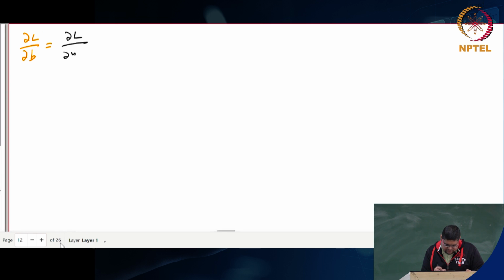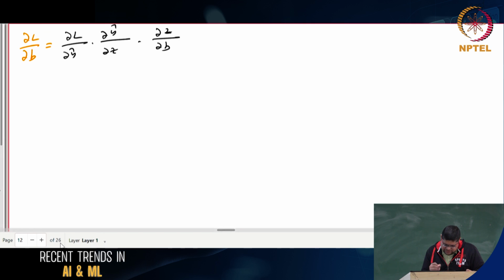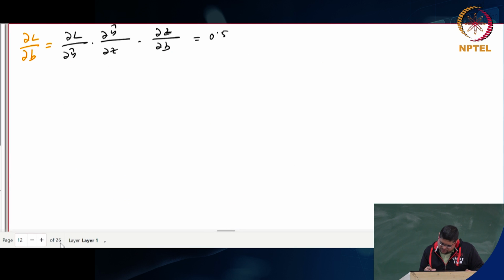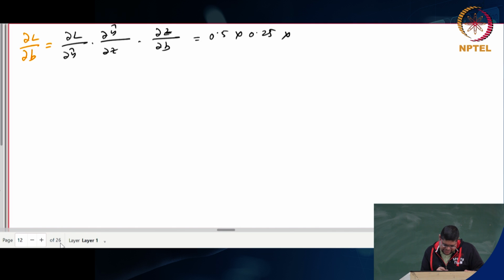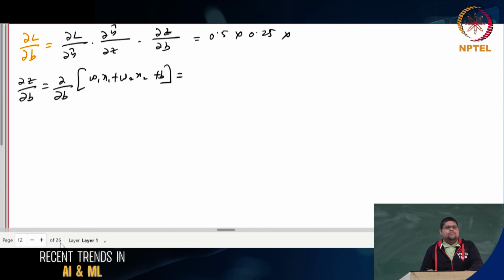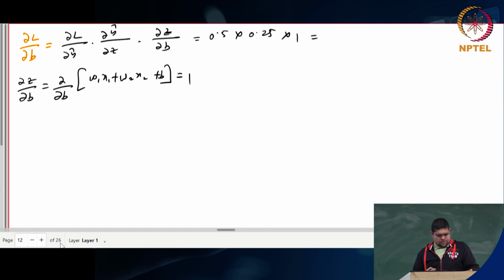So del L by del Y hat by del Z into del Z by del B. The first two terms we have already calculated: 0.5, 0.25. Into that del Z by del B I have to calculate. Del by del B of W1 x1 plus W2 x2 plus B. What will be the output? 1. So now 0.5 into 0.25 is 0.125. Clear, everyone? Any doubt?